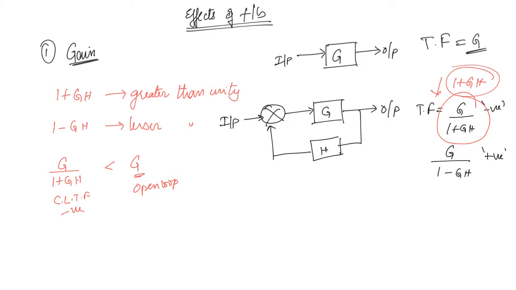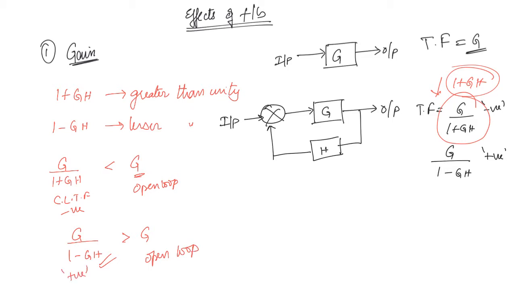And if you take the positive feedback systems, then G by 1 minus GH will be greater than G. Why? Because 1 minus GH is less than unity. When you are dividing by something less than unity, it will become greater. So this is open loop and this is for closed loop positive feedback system.